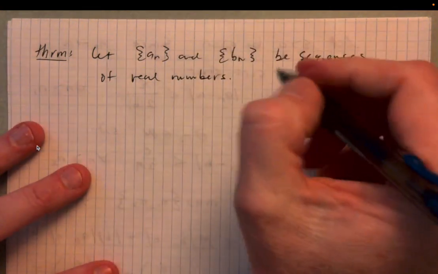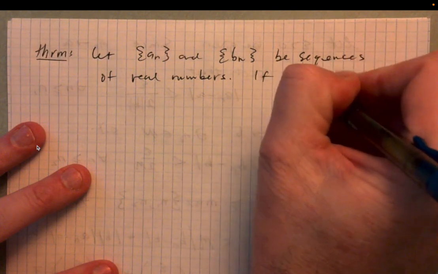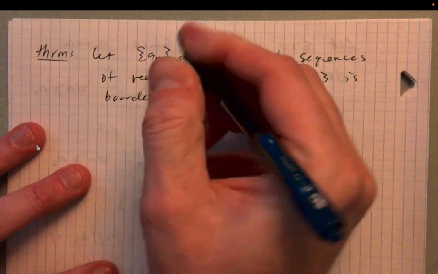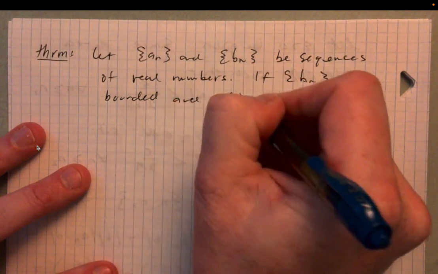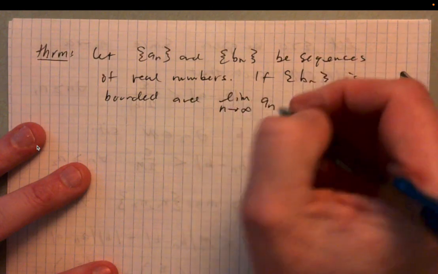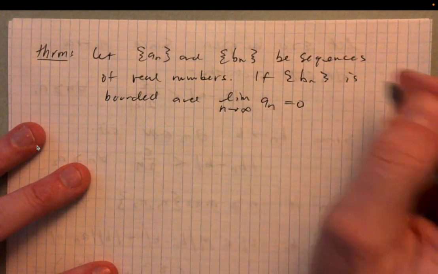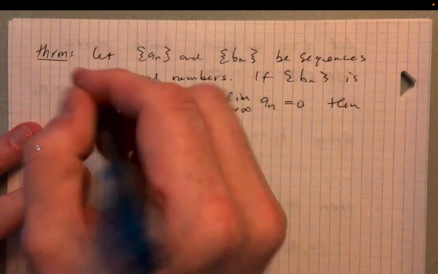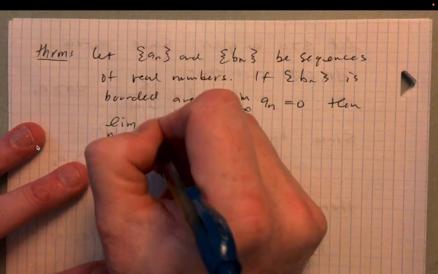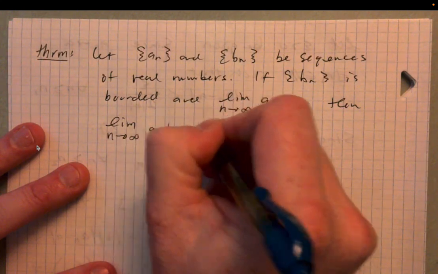Now, if b sub n is bounded, and the limit as n goes to infinity of a sub n is equal to 0, then the limit as n goes to infinity of a sub n b sub n is equal to 0.